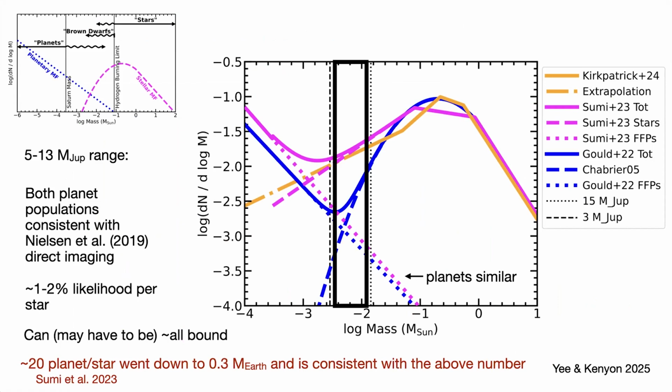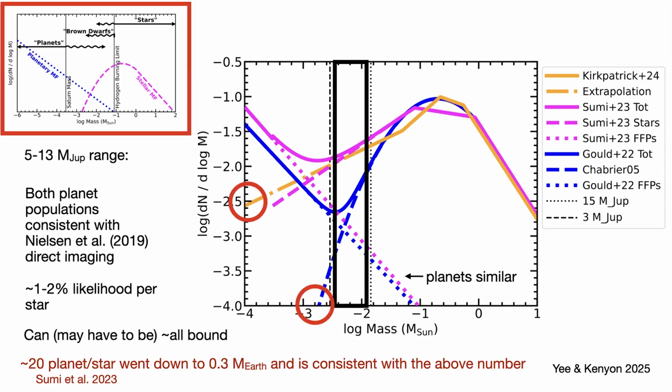So if I'm saying something wrong here about the observations, I hope somebody will call me out on it in the question section, because I would like to learn that I am saying something wrong rather than just continue to say something wrong. Okay, so this is consistent. You can have a lot of planets per star, but it's still consistent with these things right here in the middle being all entirely bound, according to the direct imaging observations.